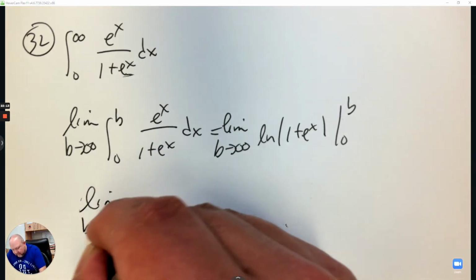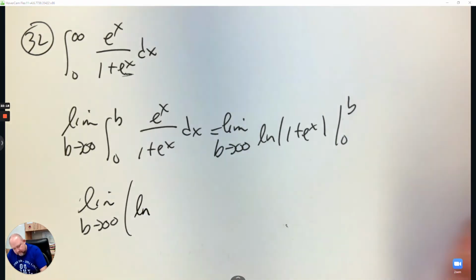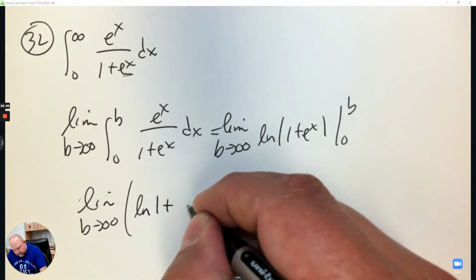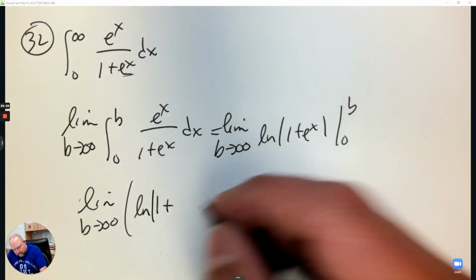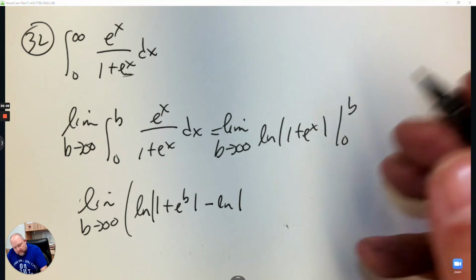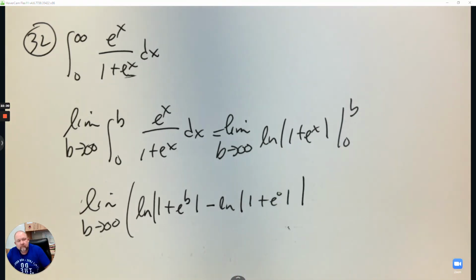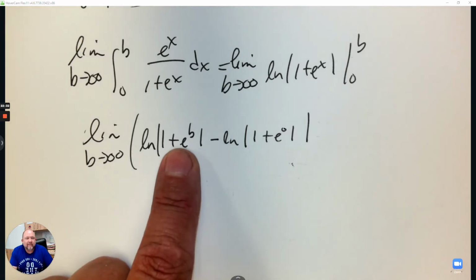Keep that limit notation. We're going to plug in b first. Subtract, plug in 0, and then we're going to look to see what happens here.